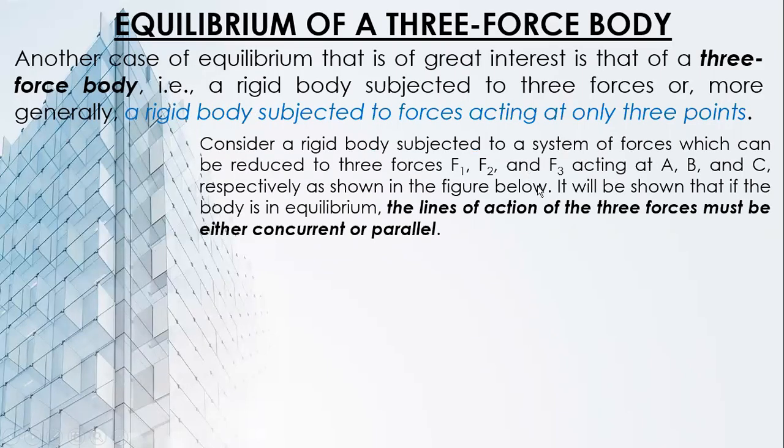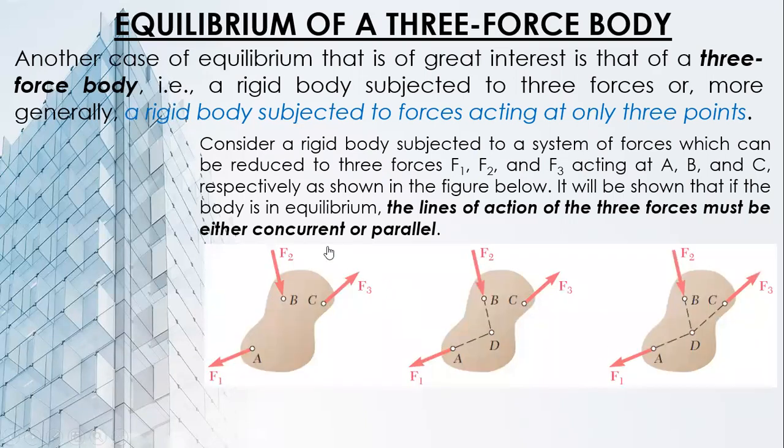Now, consider a rigid body subjected to a system of forces which can be reduced to three forces, F1, F2, and F3, acting at A, B, and C, respectively, shown in the figure below.